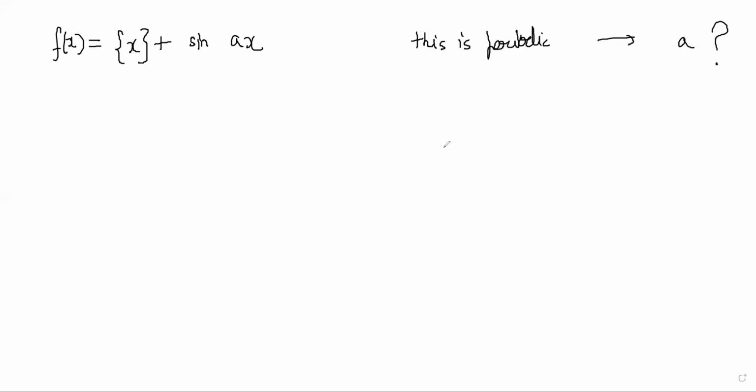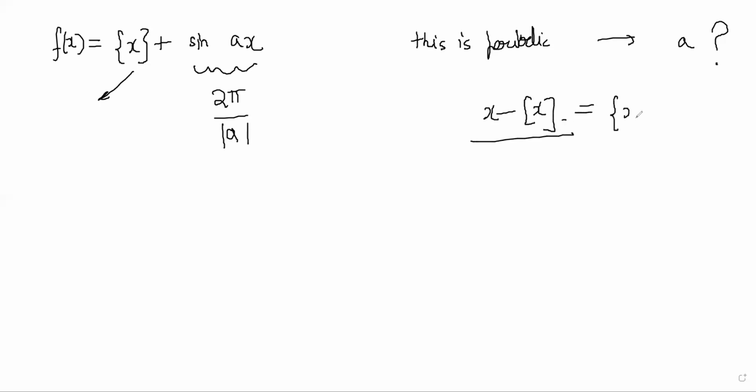So individually the period of this is what? 2 pi by a. And think about the fractional part function. Fractional part function is basically x minus gif of x, which is equal to fractional part of x.